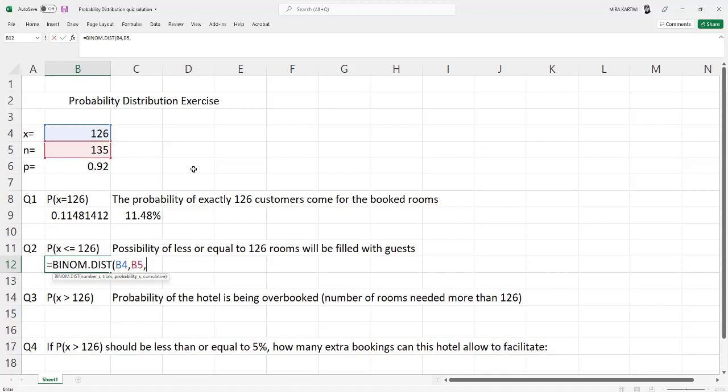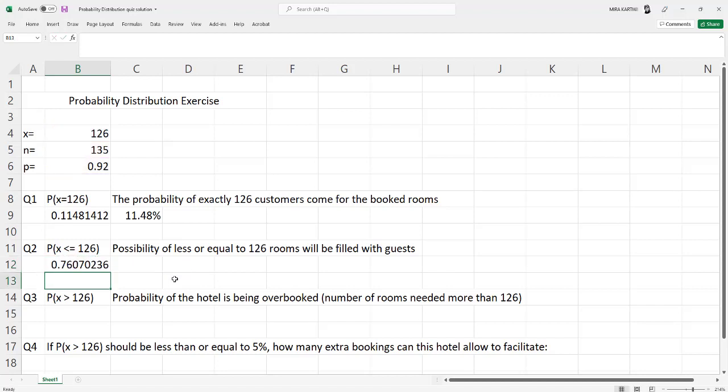This is the number of guests that we have allowed to book, and this is the probability, and we're going to put it as true because we allow more than 135, but we're going to look at whether any possibilities actually come less than or equal to 126. So what would be the possibilities of only one turning up and only two turning up, and so on and so forth. So we accumulate all, so that's why we need to have the true option on.